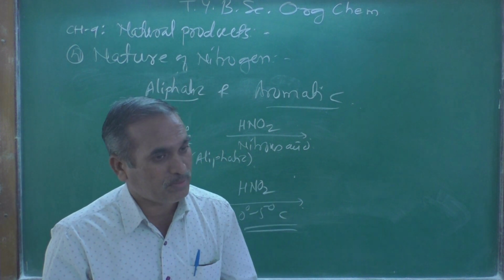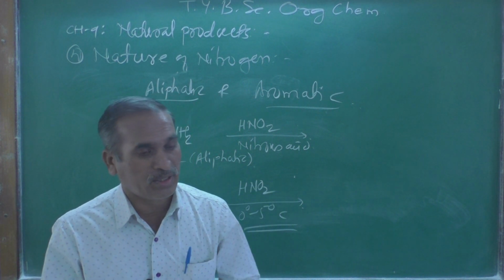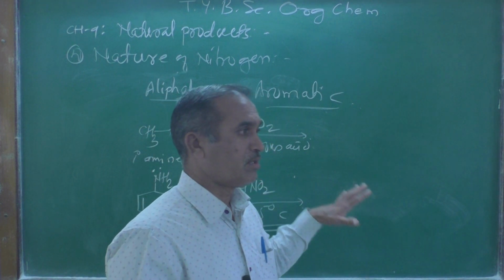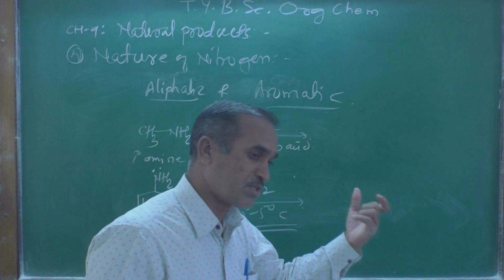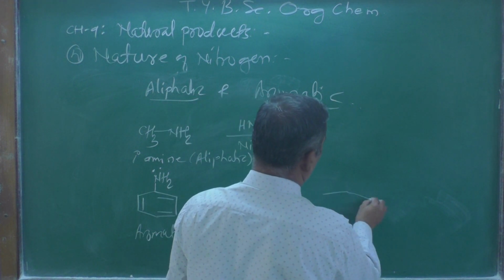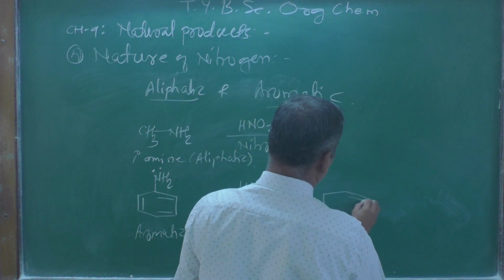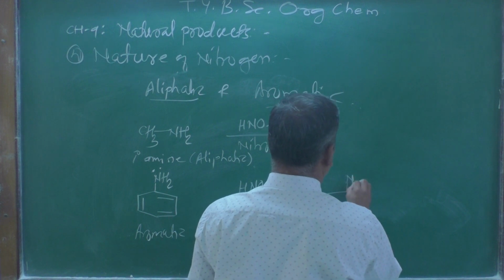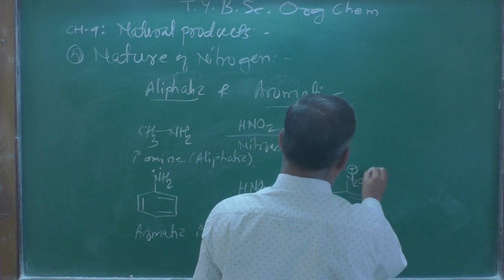And what type of product? Do you remember this? We already learned this compound in the third semester, but here you are going to get a diazonium salt. Remember, this is an aromatic compound, and you get N2 plus and Cl minus.